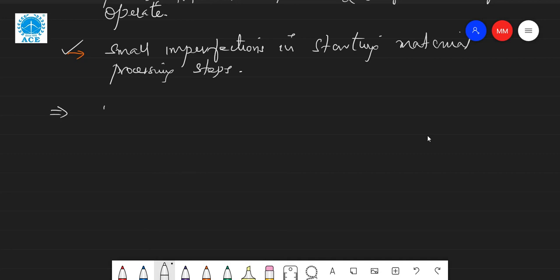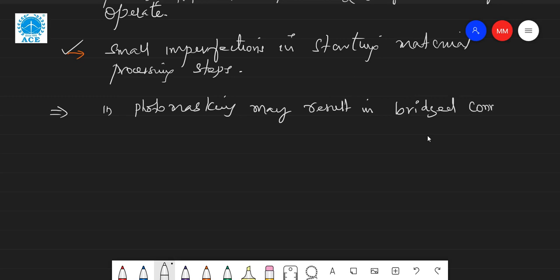For example, photo masking may result in bridge connections, or missing features.